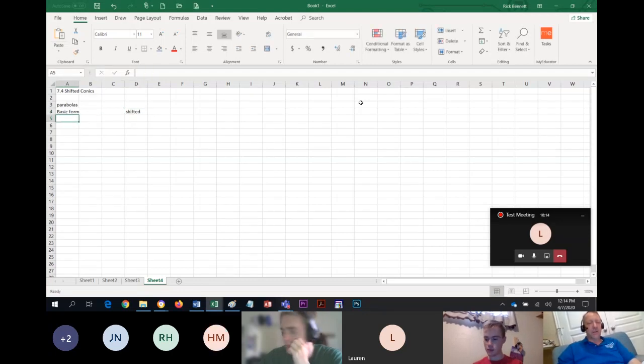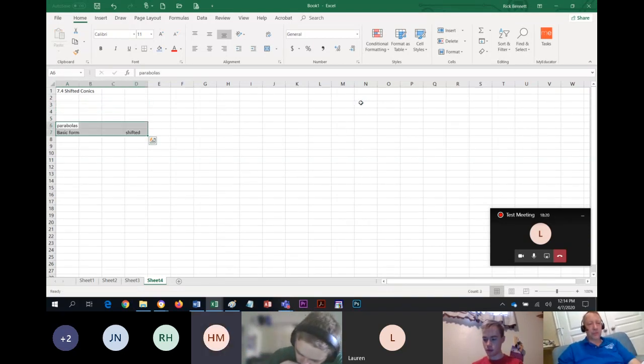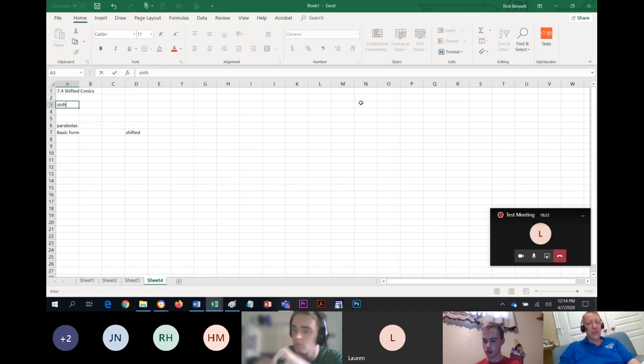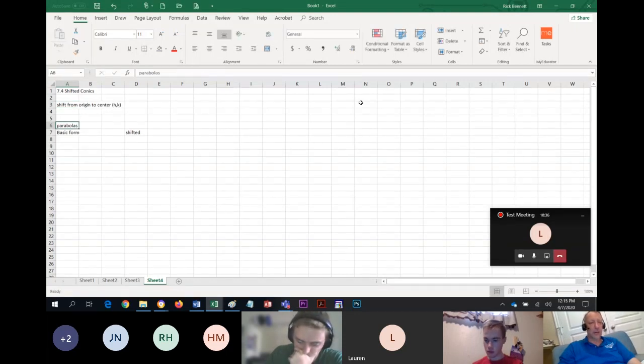Maybe I should move this down a little bit. Now we're going to shift from the origin to what I'm going to call the center, although with the parabola you don't really have a center, you've got a vertex. The center is going to be at (h, k).